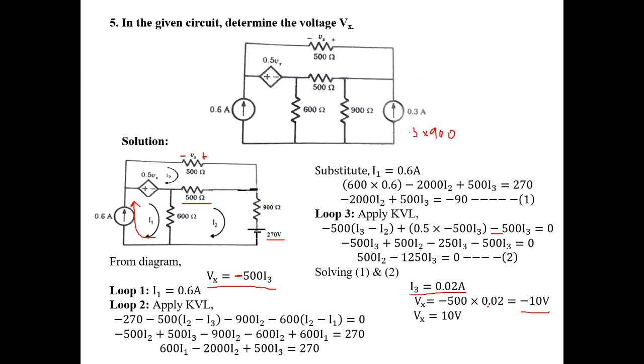This minus represents that the current flow is in the opposite direction, because we chose the clockwise direction. We redraw the value in this direction, so the answer is Vx, which should always be a positive sign: Vx equals 10 volts.